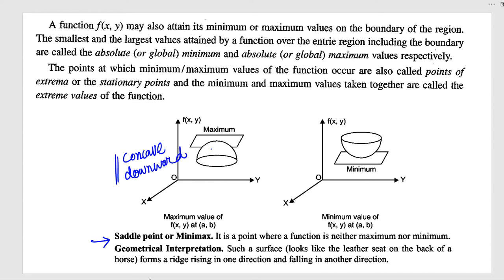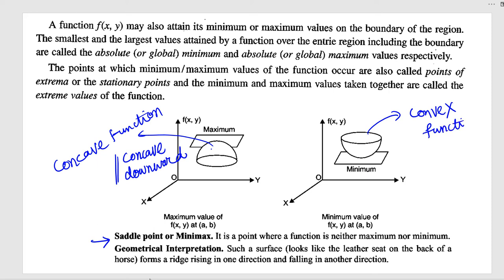In fact, this function is also known as a concave function, and this type of function is known as a convex function. Whenever we have this type of function, we get maxima. Here we get minima.